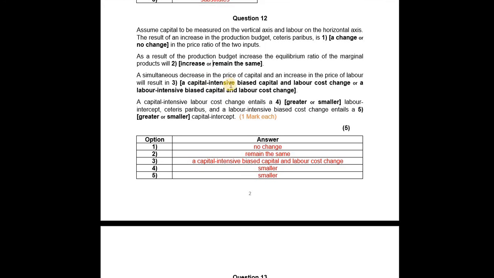So this production now is capital intensive biased capital, and labor cost will change obviously, because now that it is expensive, we will shift from using more of labor to decreasing the use of labor by increasing the use of capital, right? So it says a capital intensive labor cost change entails a greater or smaller labor intercept.